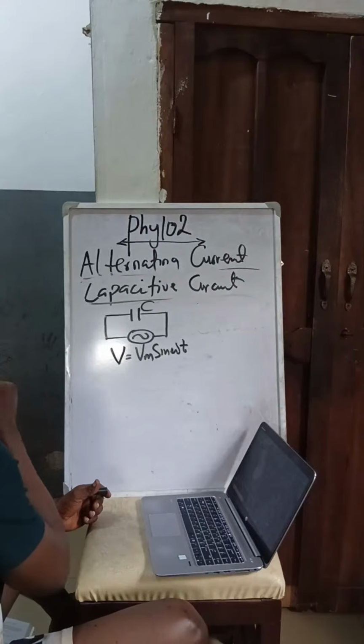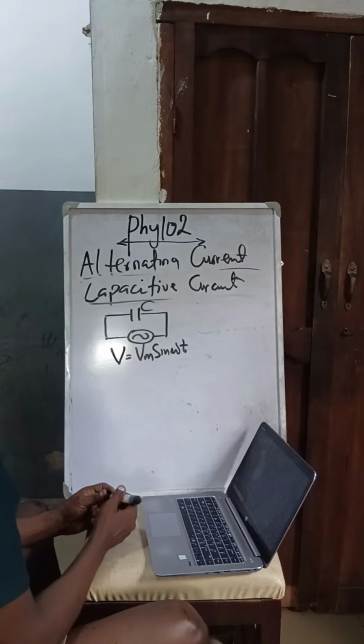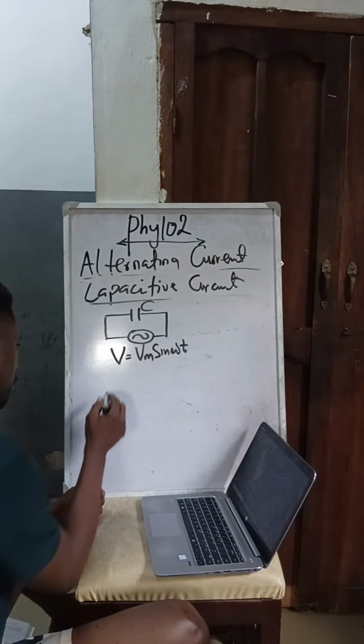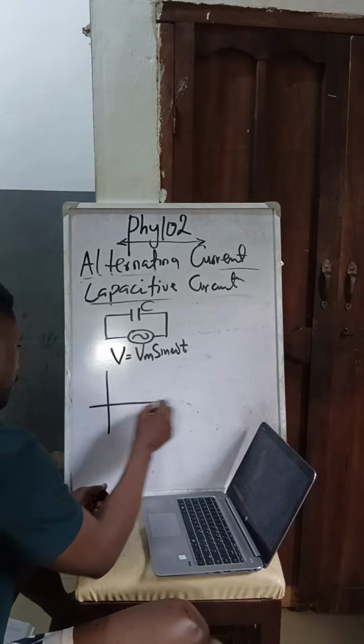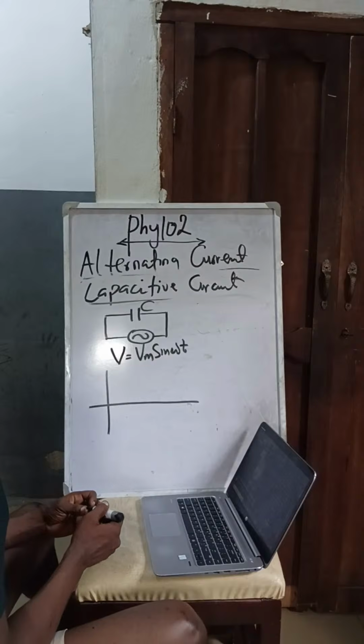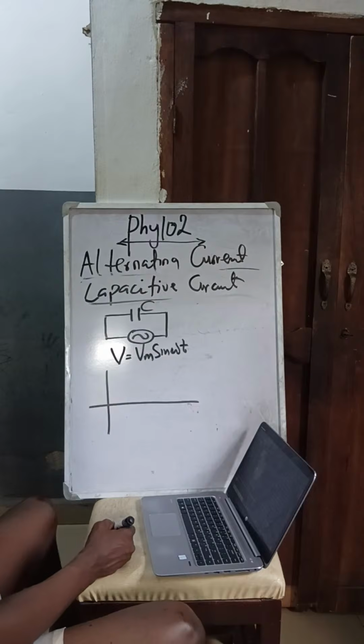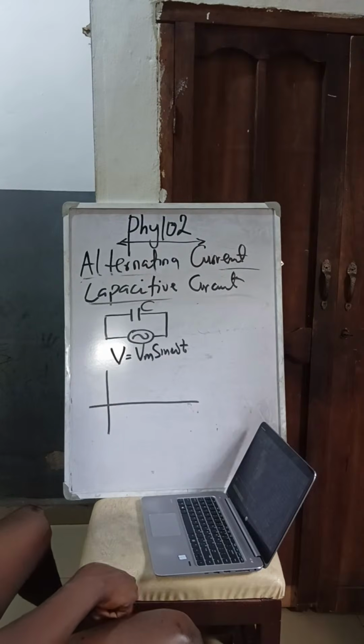Now, this is a capacitance. We can call it a capacitor. Now let's look at the waveform.